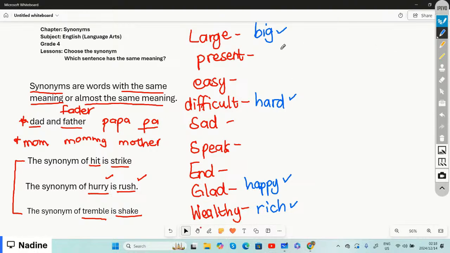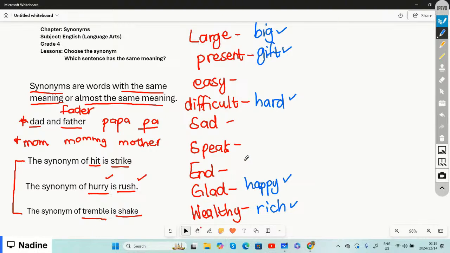Yes, another word for present is a gift. Well done. It's a gift that you either get on Christmas, on your birthday, on Eid, a special occasion, a gift. Well done.